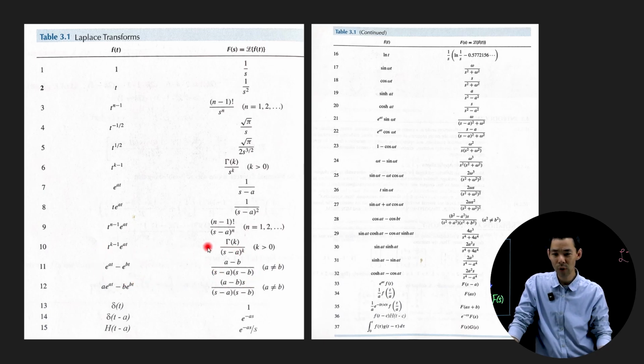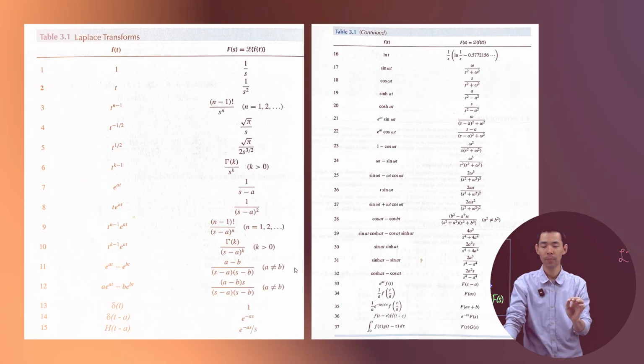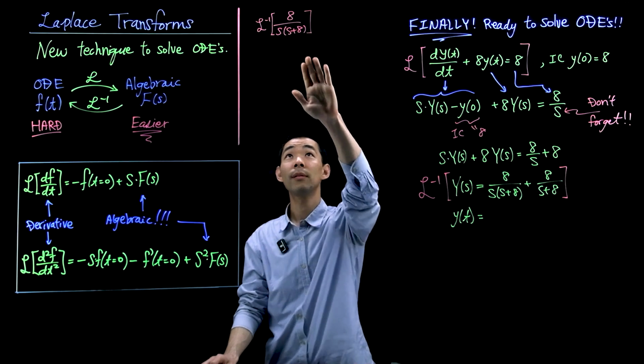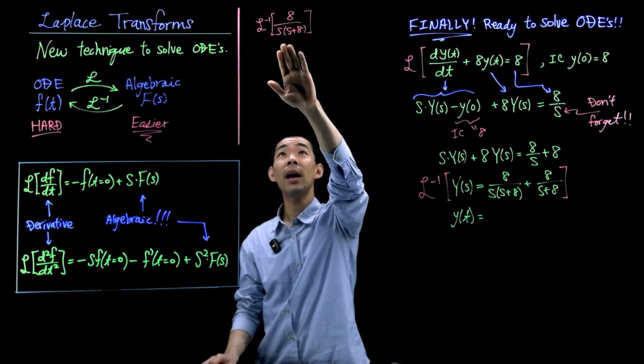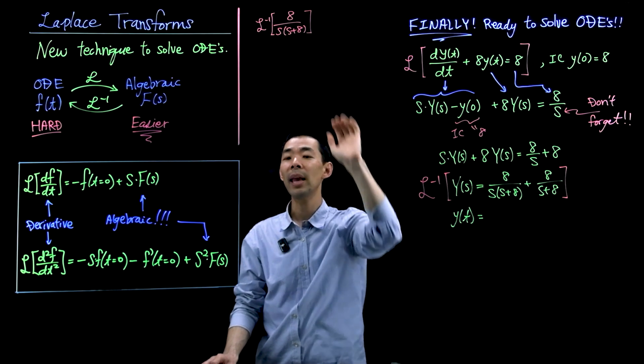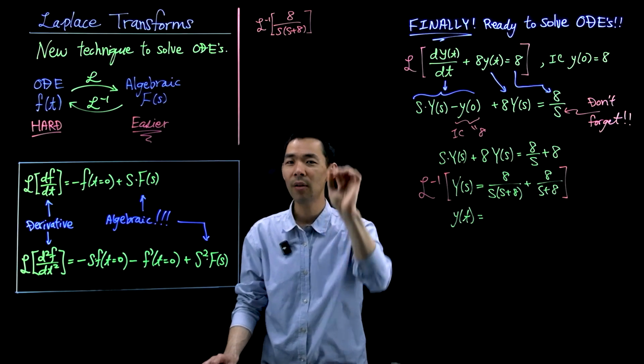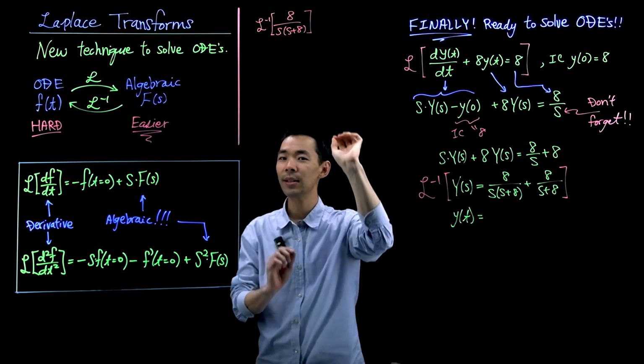So if you look at row number 11, we have a minus b, which are both constants, divided by s minus a, s minus b. Okay, so going back up to the board, right here, we have the constant 8 divided by s times s plus 8. Let me just write down row number 11 right here so we can see it together at the same time.